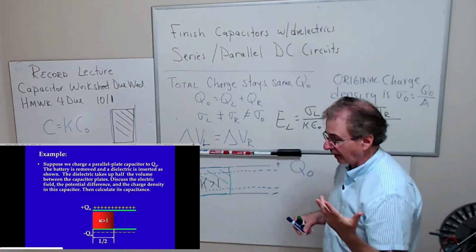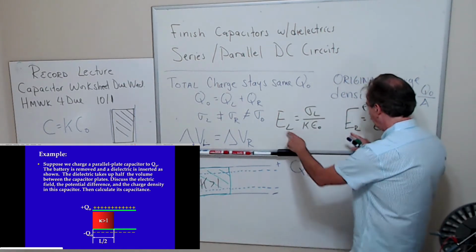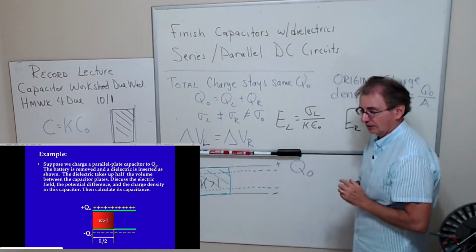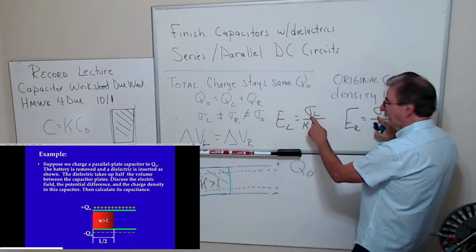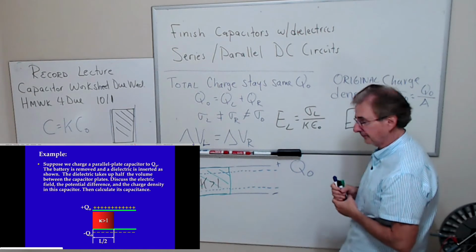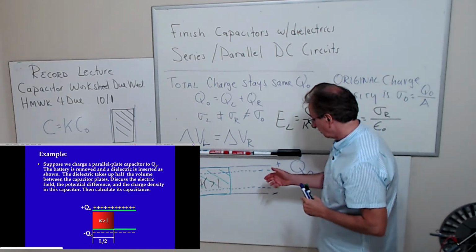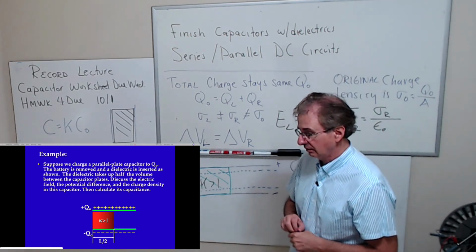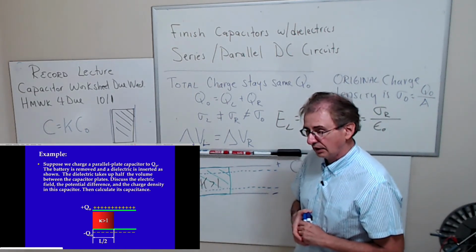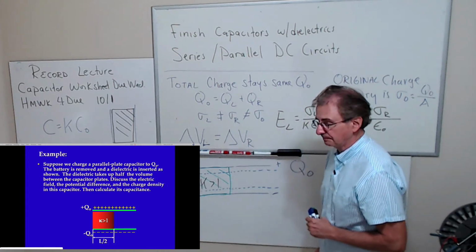And in the video that I put on YouTube, and if I remember correctly, I sent you a link, I actually go through and show this. But in order to show this, I have to calculate sigma left and sigma right. So, how is this capacitor behaving? How can I treat this capacitor so that I can find the total capacitance of the system?